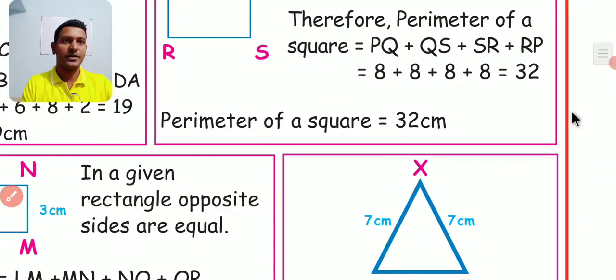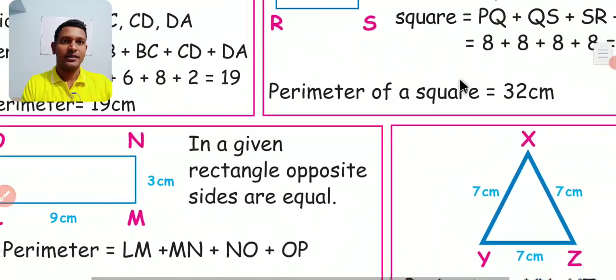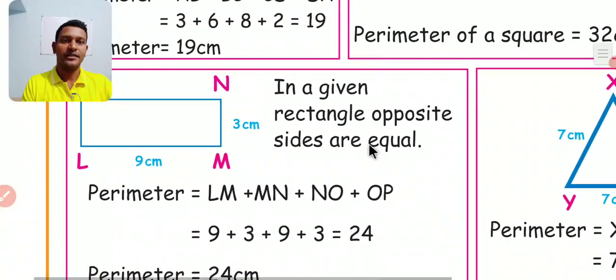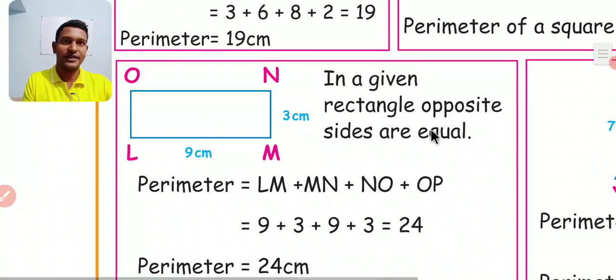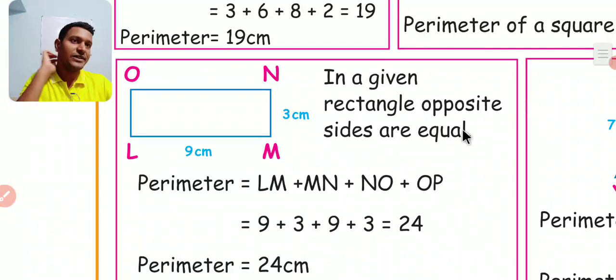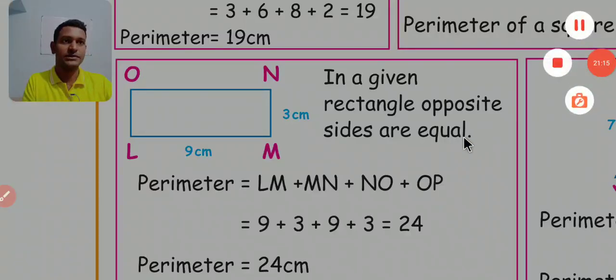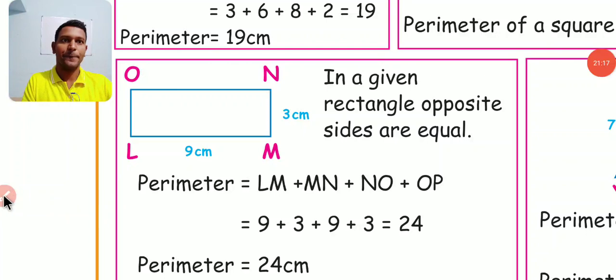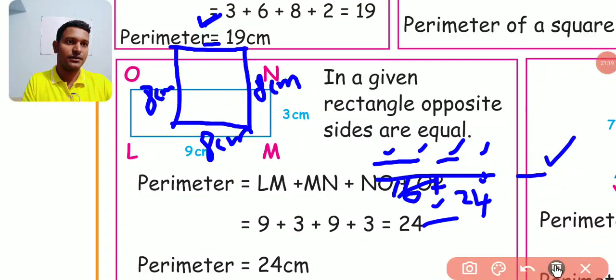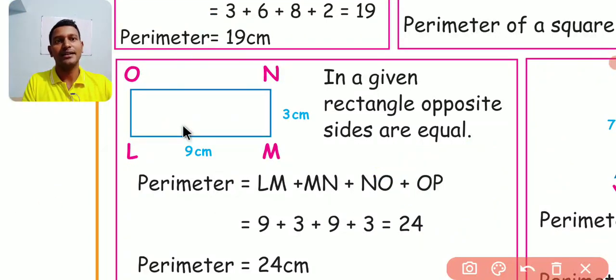I hope you all now know how to find the perimeter of figures. Here we have one more example. Here we have a rectangle. In a given rectangle, opposite sides are equal.